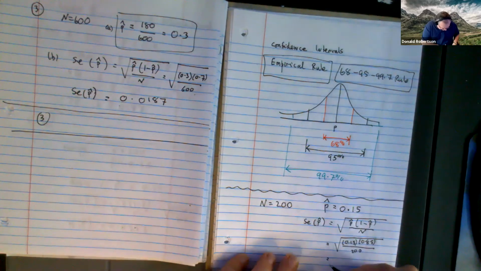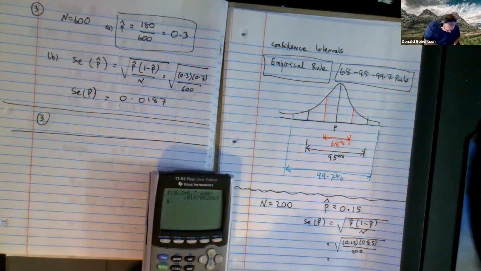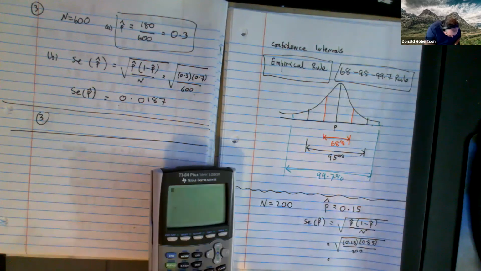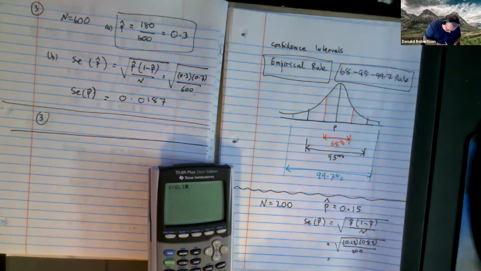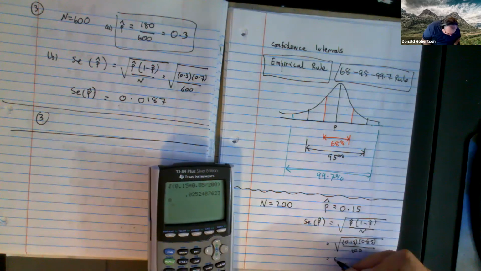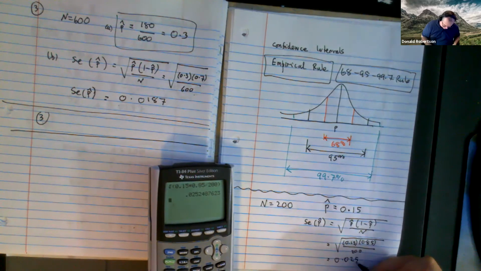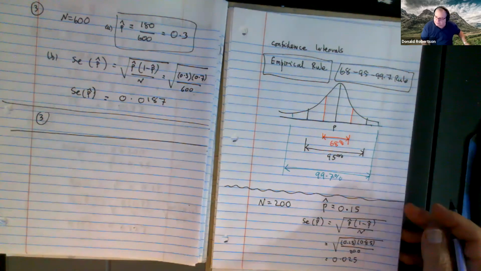And then I'll go over here and I'm going to find out what that is as a decimal. So square root of 0.15 times 0.85 divided by 200. And let's just call that 0.025. So far, so good.